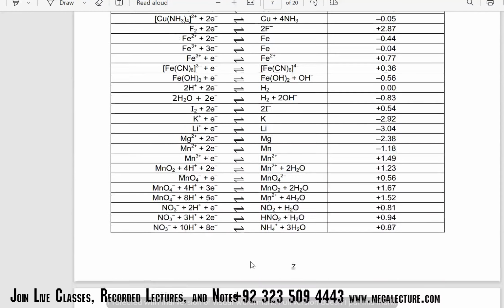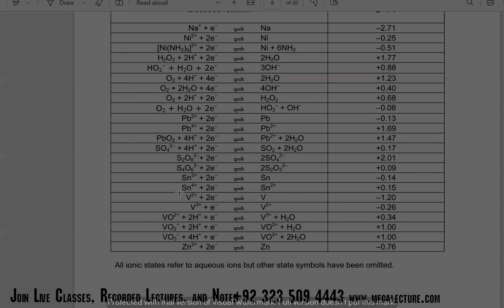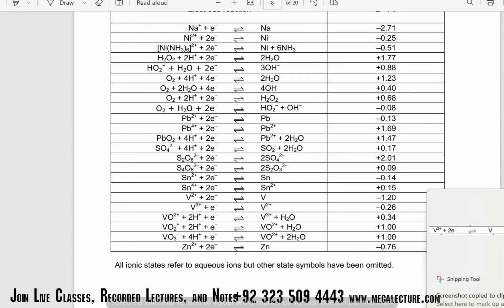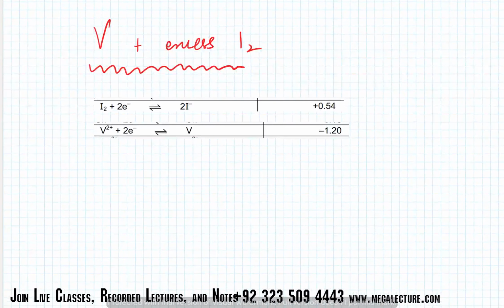And you've got just one equation for vanadium as well. Where? There's only one equation where vanadium is involved, which is the first one, minus 1.2 volts. So these two equations, and we can figure out a reaction based on these two.